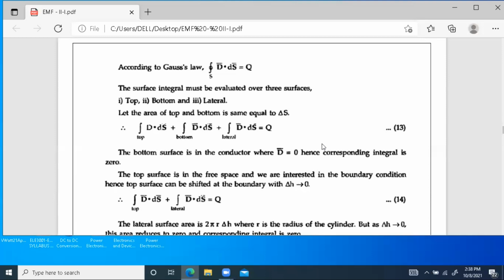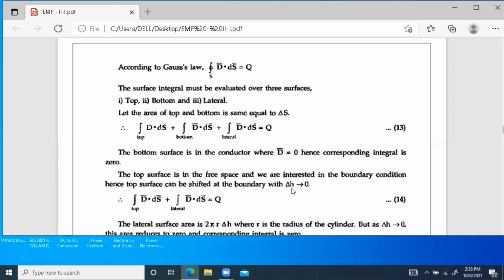So the integral over that closed surface is this, that equals Q. The bottom is in the conductor, we know that's 0. The top surface is in free space. Thus, we are interested in the boundary condition. Hence, top surface can be shifted at the boundary as shown.